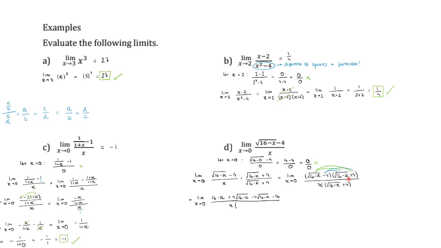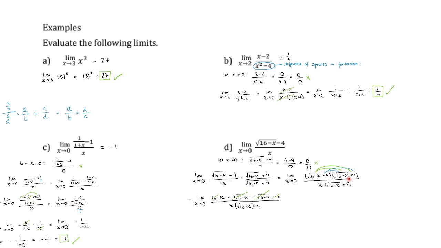All right, and so now let's simplify this numerator here. We can cancel out the positive 16 with the negative 16. And of course, we can also cancel out the plus 4 times the square root of 16 minus x with the minus 4 times the square root of 16 minus x.